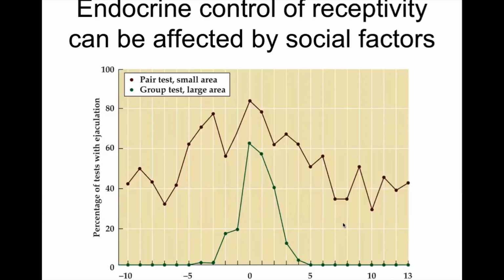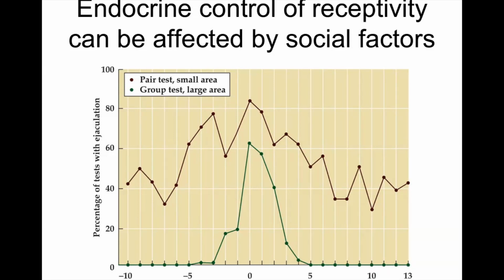One interesting finding is from a study involving rhesus macaque monkeys, which are smaller monkeys, definitely further down the evolutionary tree than the chimpanzee or the bonobo, which are going to be much more Homo sapien-like. Still, this is an interesting study from rhesus macaques that demonstrates how social factors and estrogen can interact to control sexual receptivity.